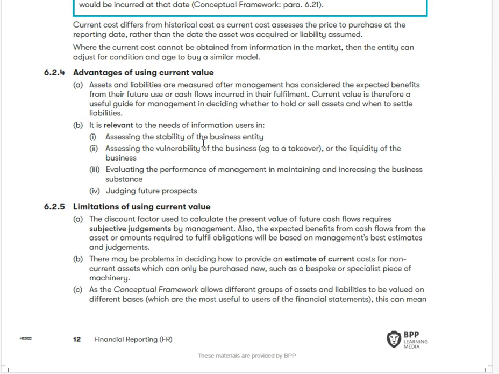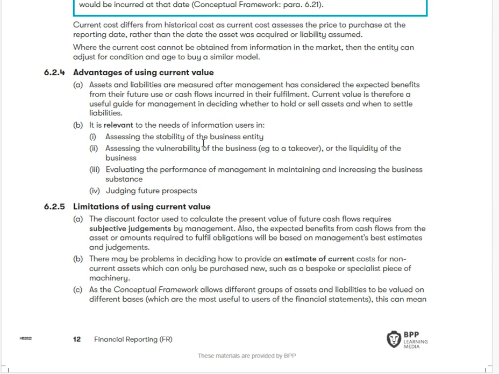Usually when you know the current value, you can assess the liquidity position and you can see what is the stability of the business entity because you know currently what the assets are worth.